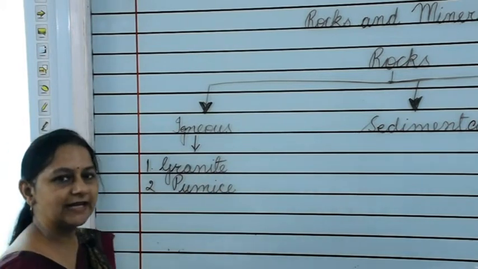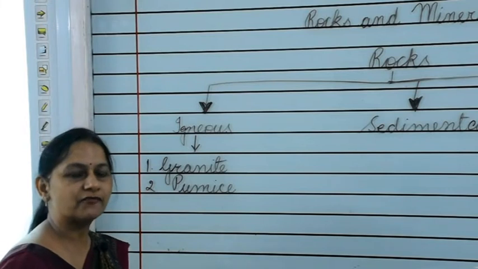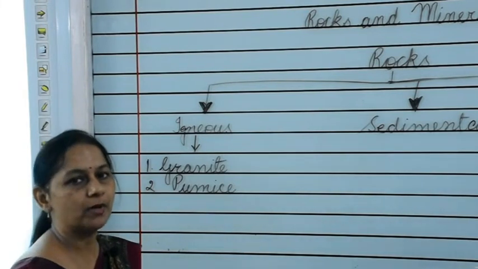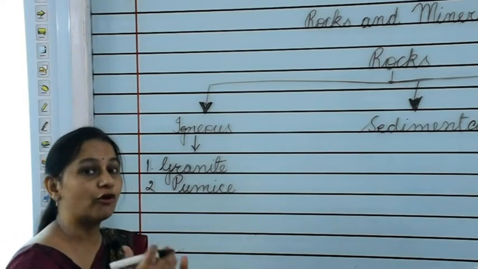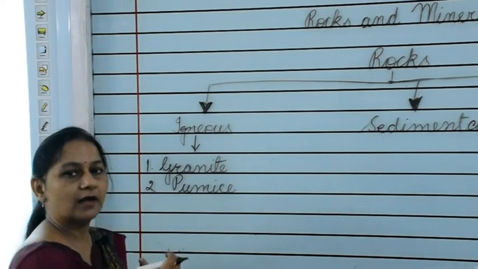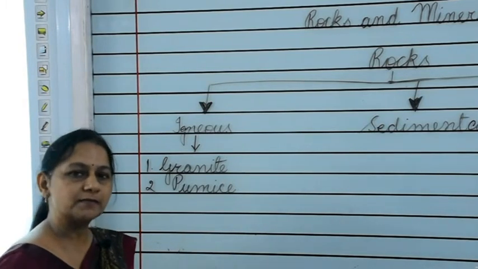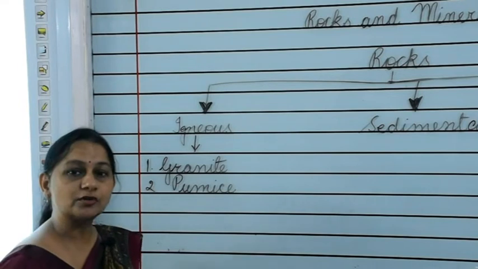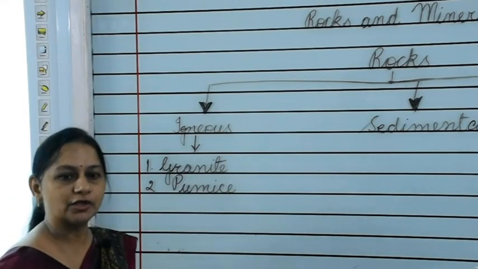It is a very light stone and has holes in it. How are these holes formed? These holes are formed by the gases which are trapped inside during the formation of this rock. Due to these air spaces in between, it becomes very light and can float on water too, and this rock is used for polishing the floors.